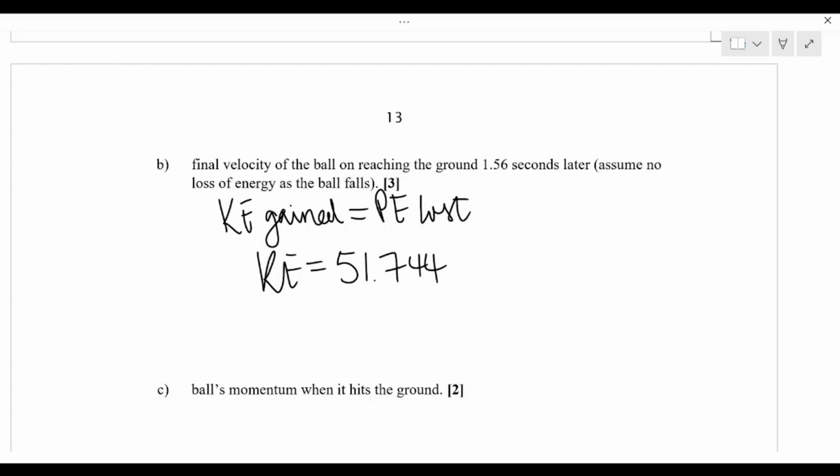We also know that the formula for kinetic energy is half mv squared. We can use this to transpose the velocity. Velocity is equal to 2 times the kinetic energy over the mass, all square rooted.